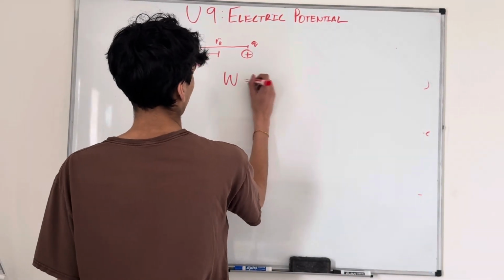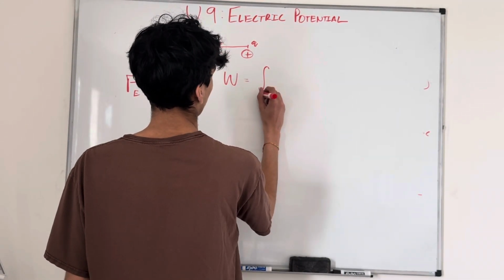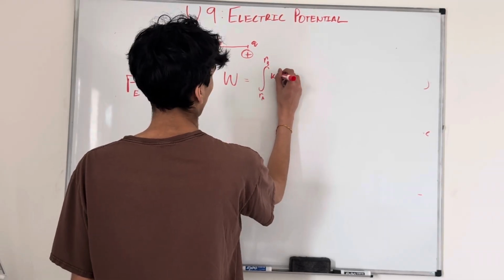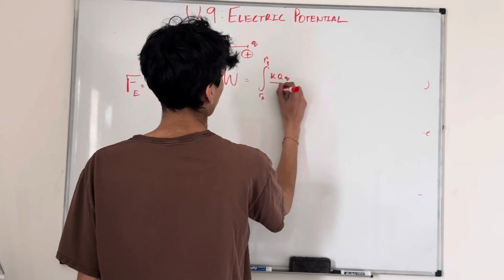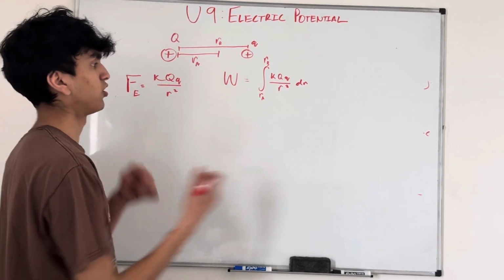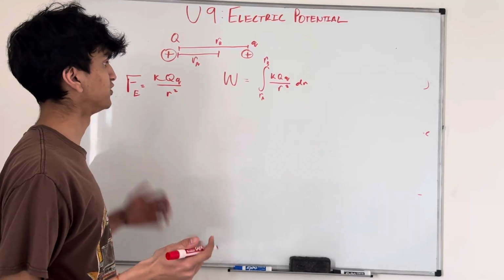If you're looking at the work done, it's going to be the integral from RA to RB of the electrostatic force, K big Q little q over R squared, dr, with respect to the change in distance.